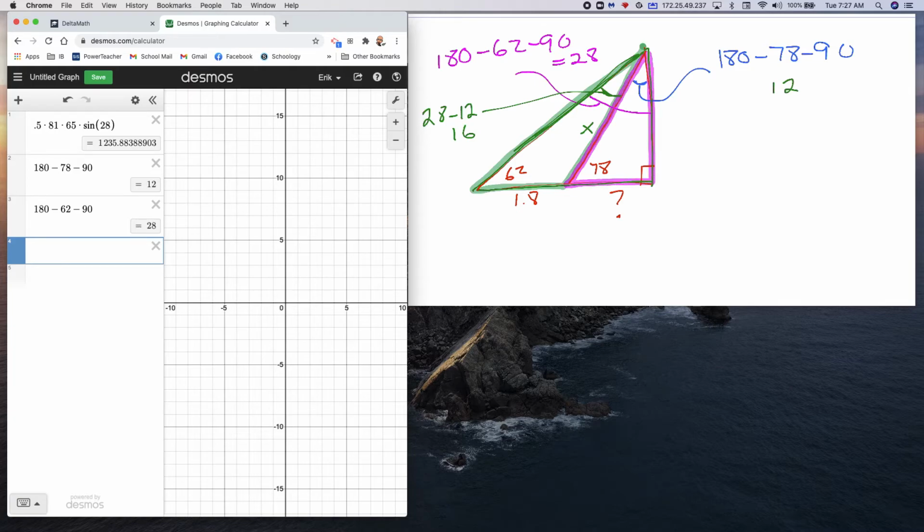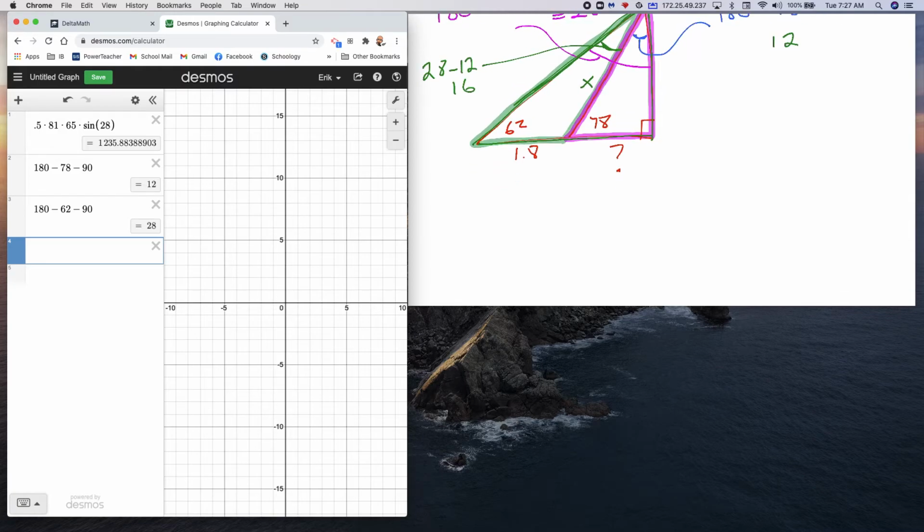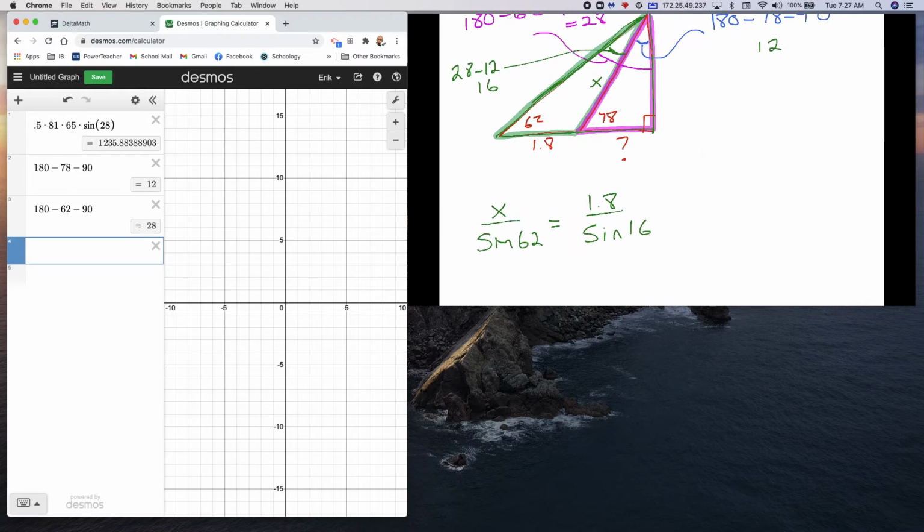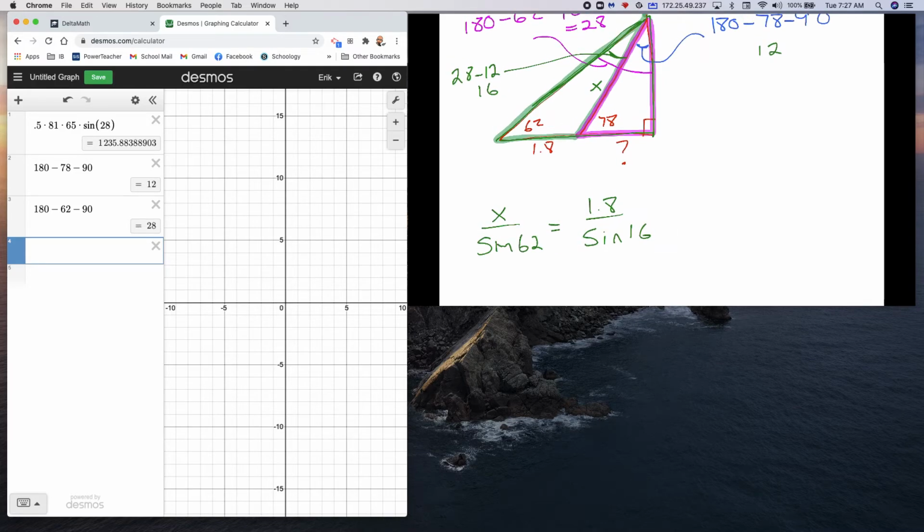So let me find that missing piece x. That missing piece x is x divided by the sine of 62 is equal to 1.8 divided by the sine of 16, if you look at that triangle, and that green one.